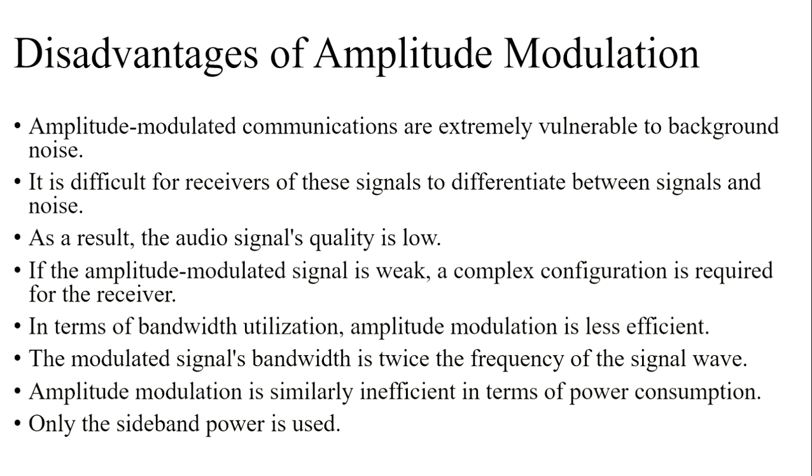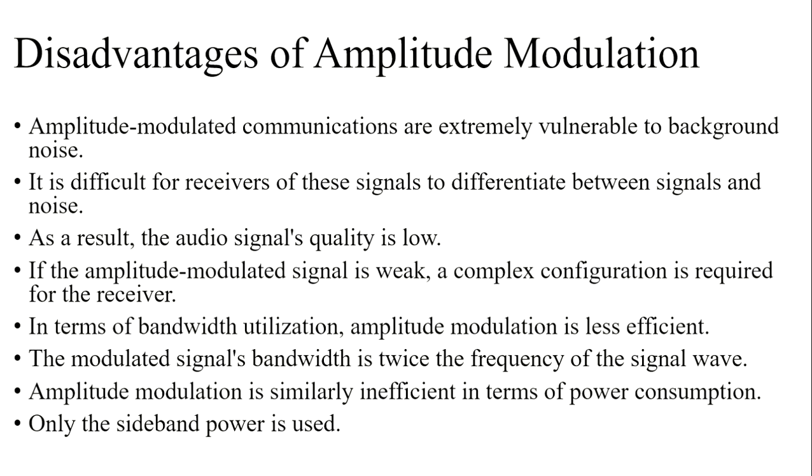Next, the disadvantages of amplitude modulation. Noise is very high compared to other methods, and it is also difficult to receive the signal because of multiplexing and noise. Audio signal quality is very low. If the amplitude modulated signal is weak, a complex configuration is required for the receiver section, that is, a heavy filter section will be needed at the receiver end.